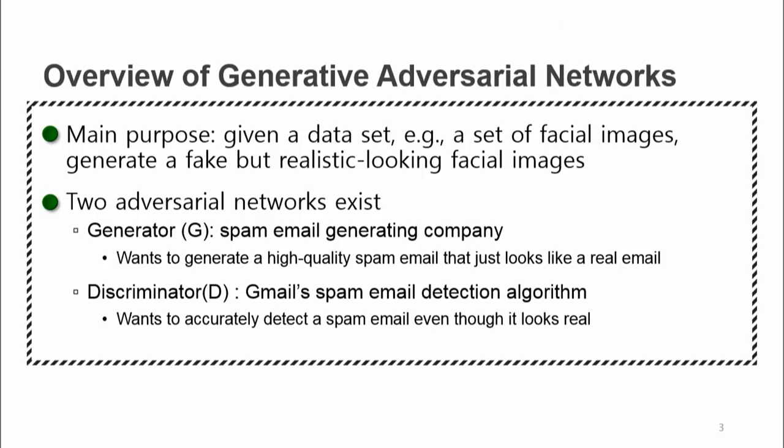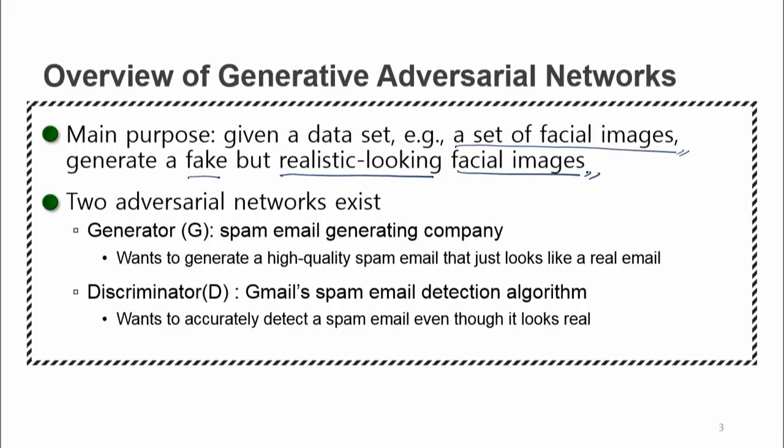And here's the overview of generative adversarial networks. The main purpose of a GAN is that, given a training data set, for example a set of facial images, our main purpose is to generate fake but really realistic-looking facial images.